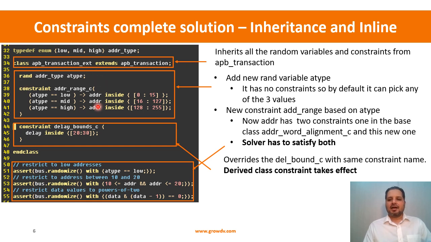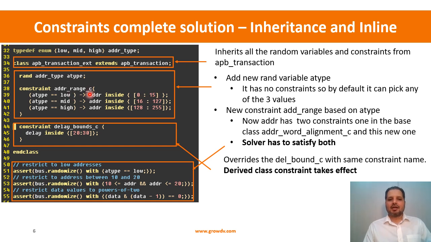Now whenever I randomize, since I do not have any constraints on the A type variable itself, it can take any of the three values that I have defined. For each of the values, I am defining additional constraints on address. If the A type takes a value low, then I want my address to be in the range of 0 to 15.